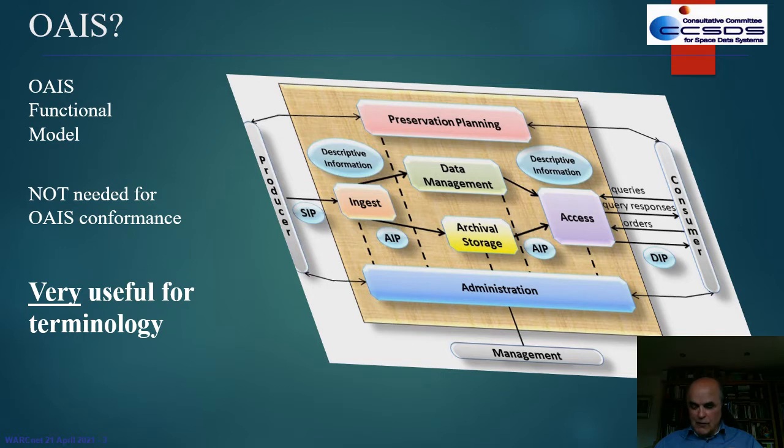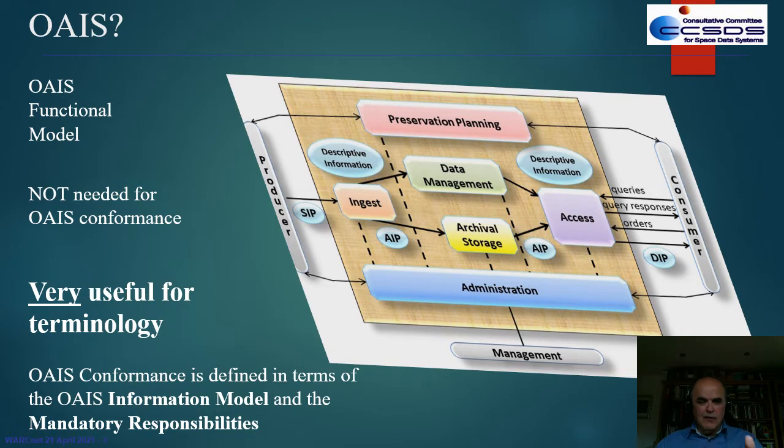People who do focus only on this functional model actually have not read OAIS properly, and you should not trust them. As clearly stated in the standard, OAIS conformance is defined in terms of the OAIS information model and the mandatory responsibilities. For this talk, I need to look at the information model.